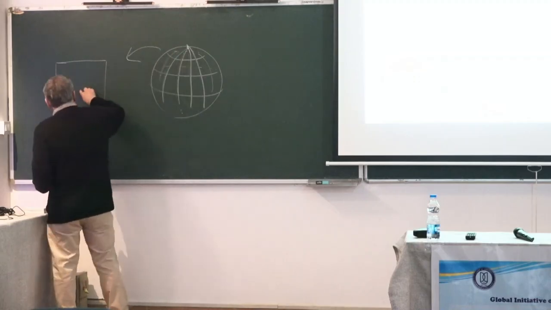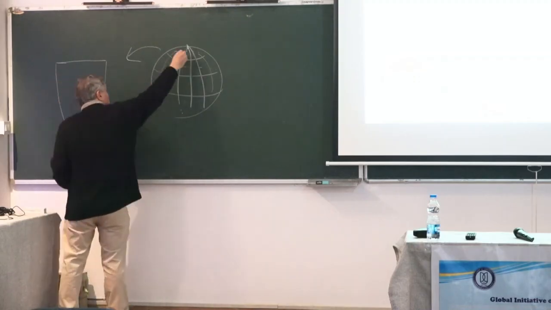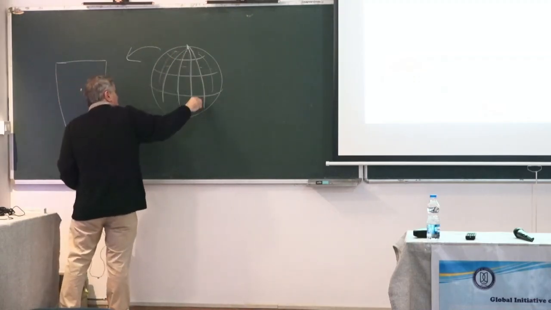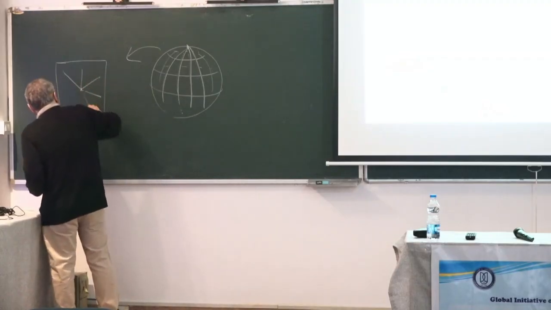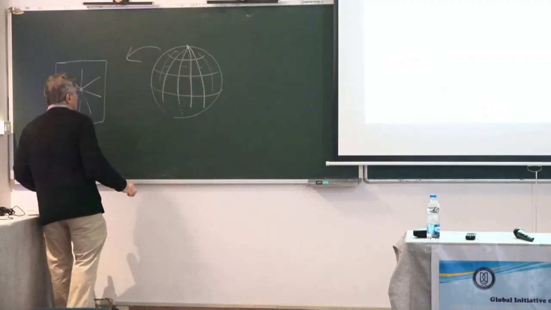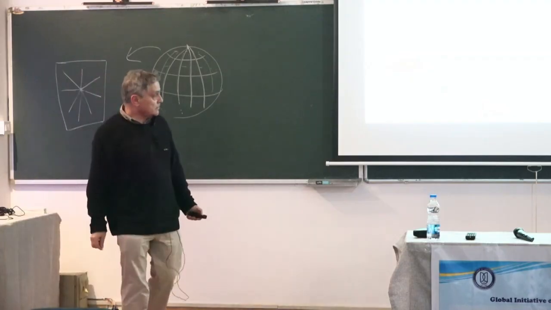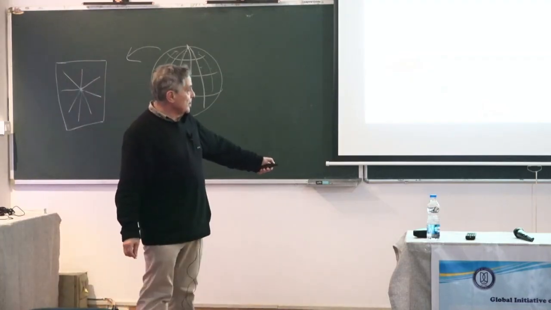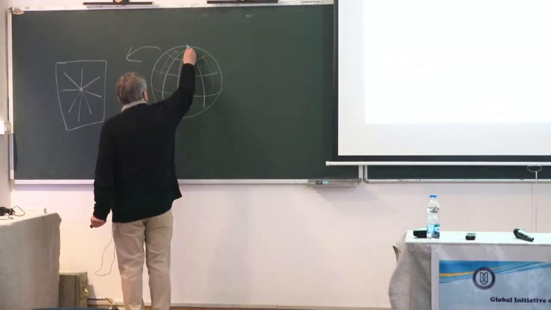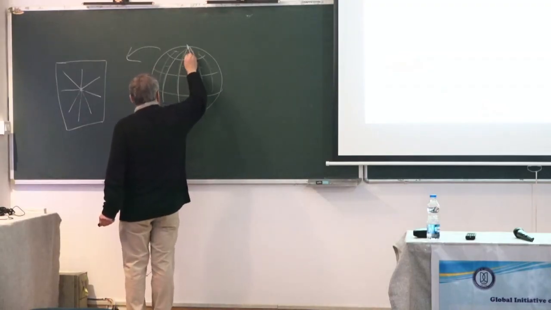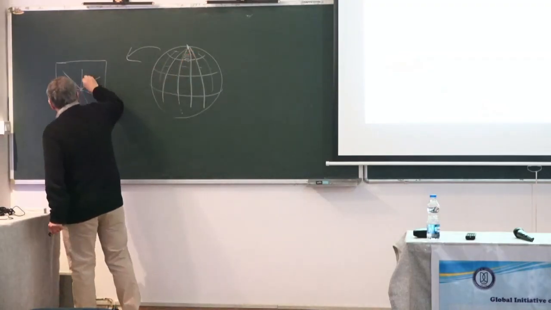This point will be sent to a point. These great circles will be sent to straight lines in the plane. The angles are preserved. So the angle here is equal to the angle here.